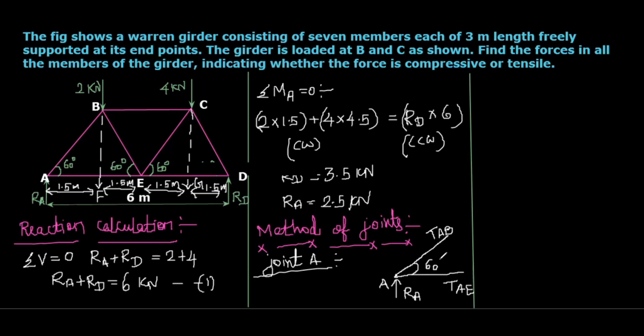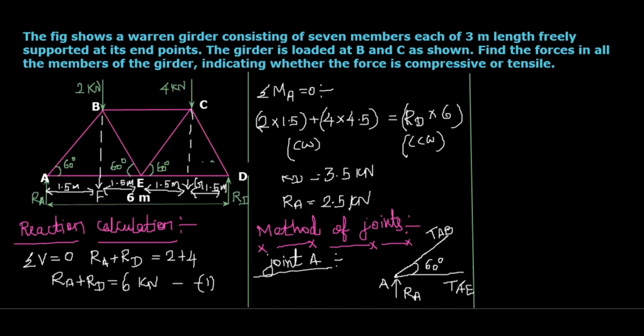Here, the upward force RA is 2.5 kilonewton, so the magnitude and direction of the force RA is known. The magnitude and direction of these other two forces, tension in the member AB and tension in the member AE, we have to calculate.